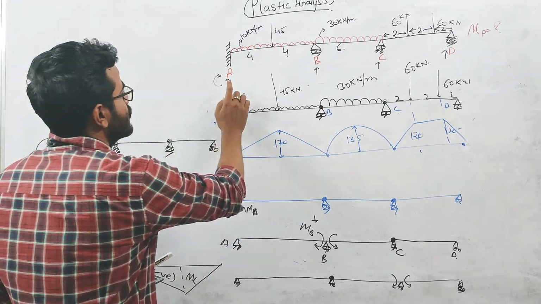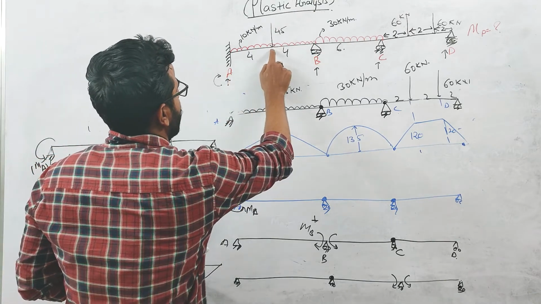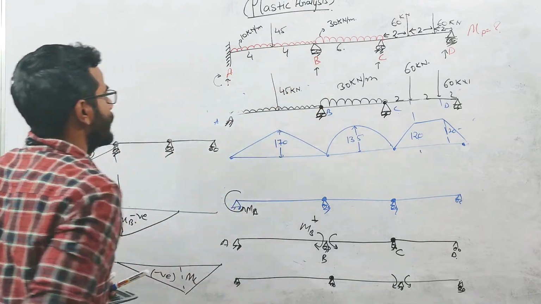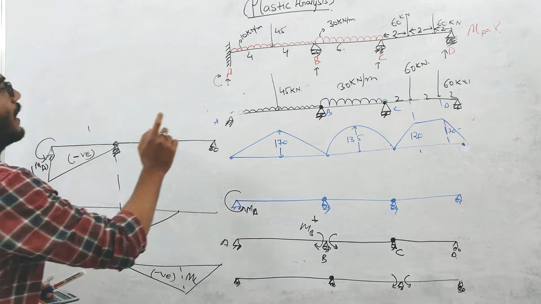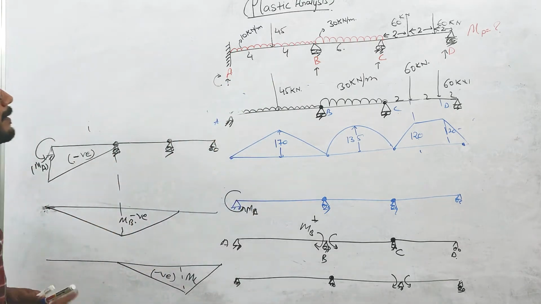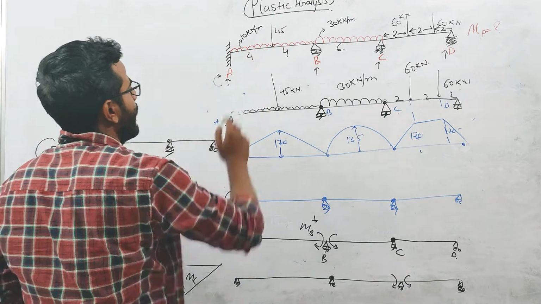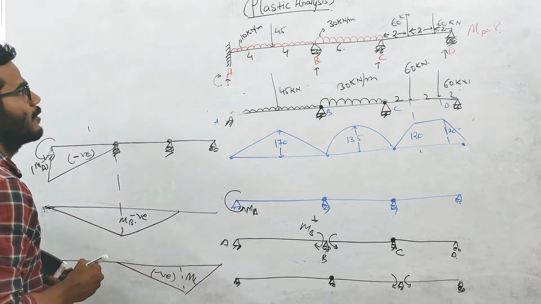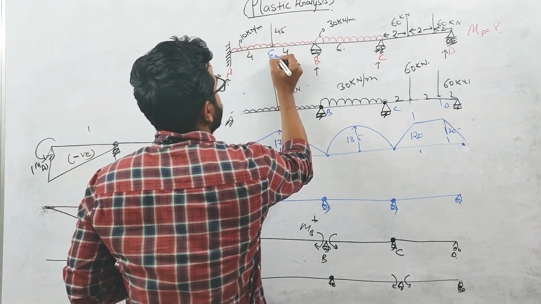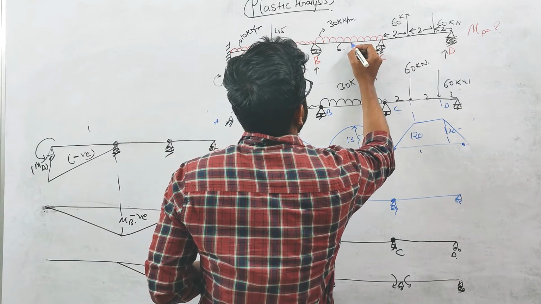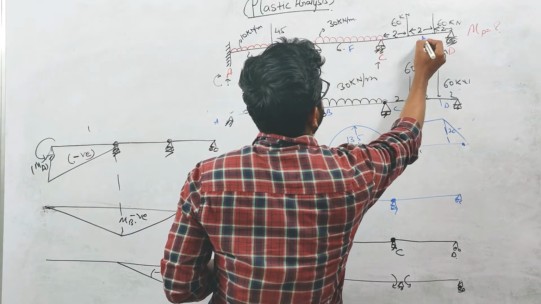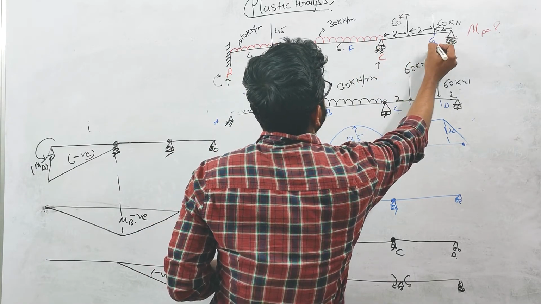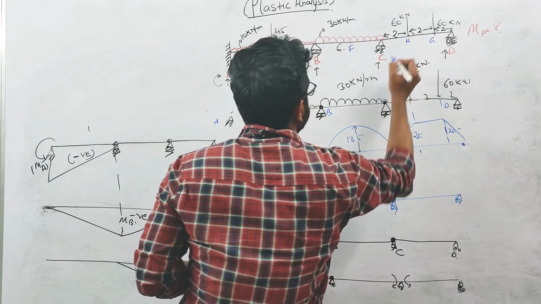The plastic hinge will form under this point load, because the moment will be maximum under this point load only. So if the plastic hinge is forming under this load, we will be writing the equilibrium equation. Let us suppose this is E. Here the plastic hinge point is F, and here, let us suppose, G, or this is H.